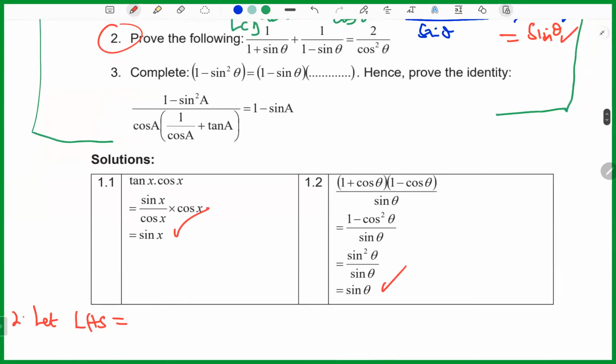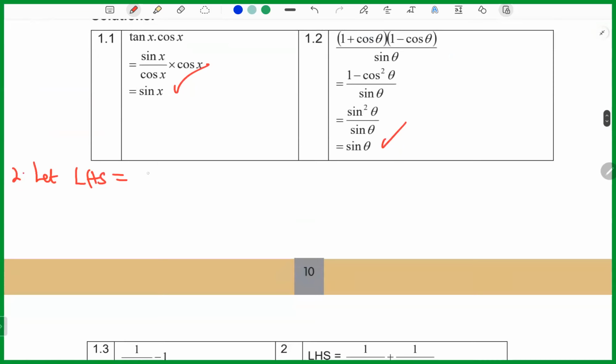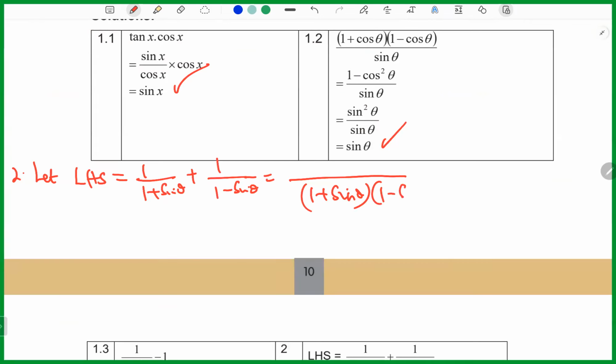Divided by 1 plus sine theta, which is 1 minus sine theta. You divide, which is 1 plus sine theta. 1 minus sine theta. You divide this by 1 plus sine, you get 1 minus sine.